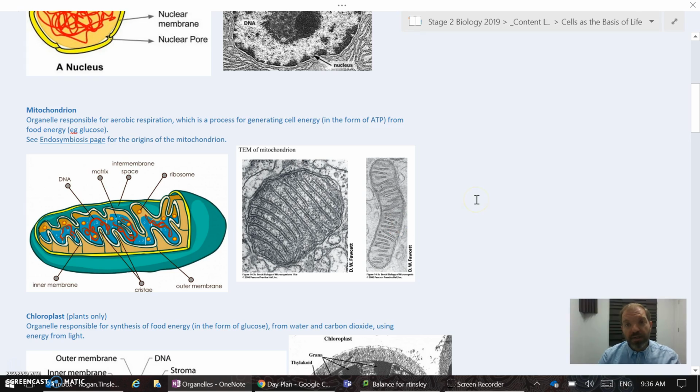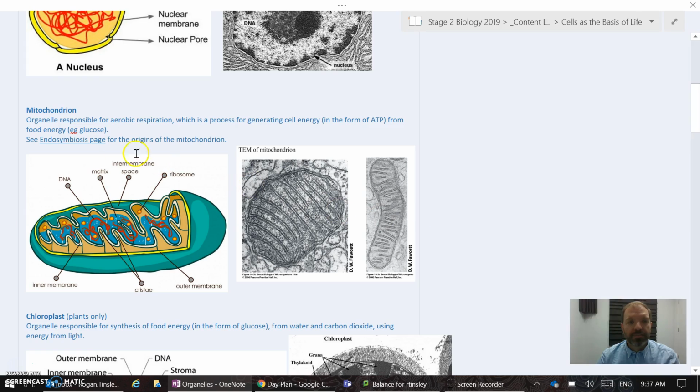Mitochondrion, a very key organelle. Its main purpose is to produce cellular energy in the form of ATP by converting fuels to ATP, basically transferring that chemical energy from one form, in the bonds of glucose for example, into a more readily accessible form of chemical energy in ATP.